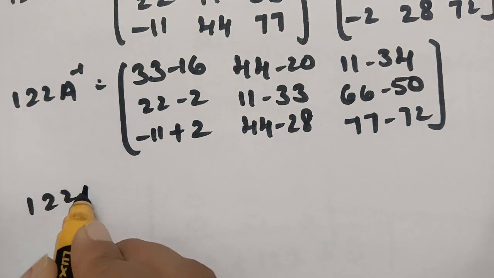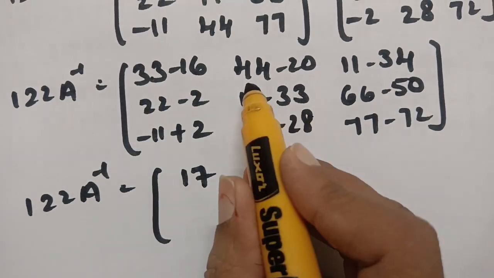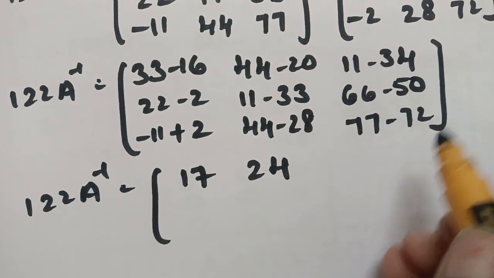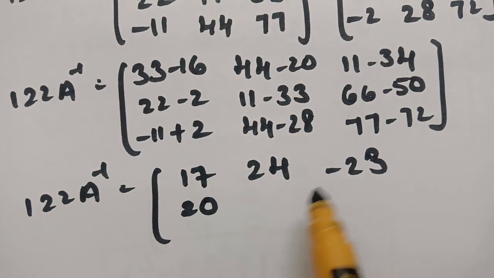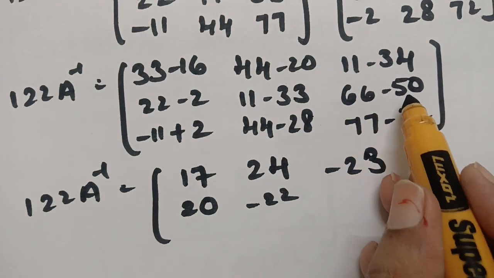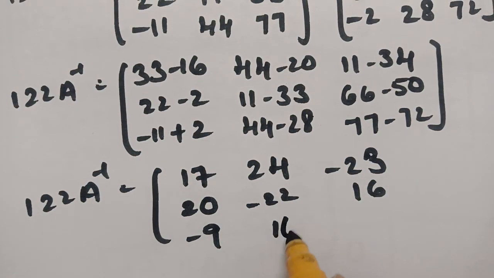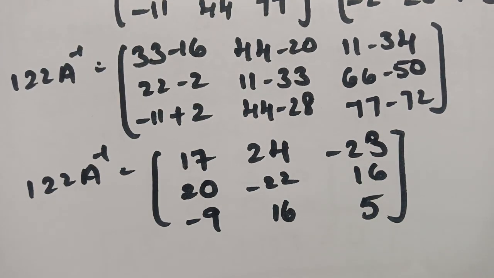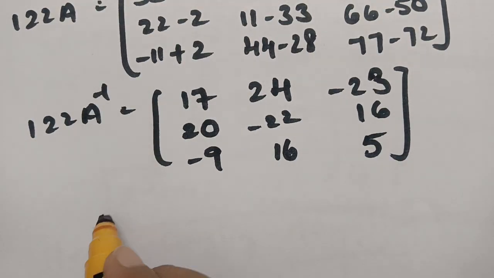And now see here, the values are very clear. 122A inverse is equal to 33 minus 16 is 17, 44 minus 20 is 24, minus 23, plus 20, minus 22, plus 16, minus 9, 16, and 5. Therefore I am sending this 122 down, so on the other side it will divide.